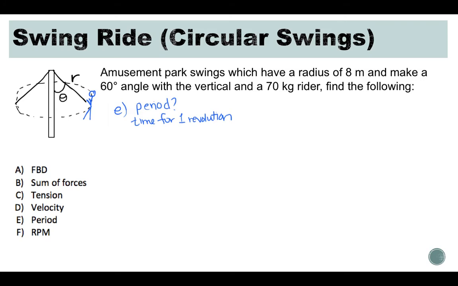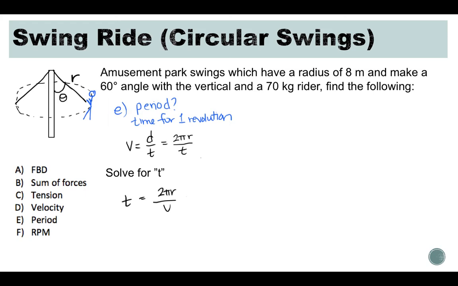Now we're looking for the period. The period is the time for one revolution, so the time for that person to go around one time. Well, we may need to use our velocity equation that we know, because last part D, we found velocity. So if we're looking for time, let's solve for T. So T is going to equal 2 pi r over v.